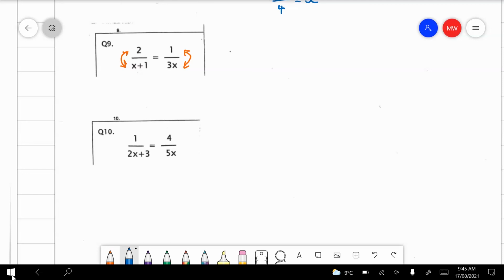So you can end up with x plus 1 over 2 equaling 3x over 1. And then it's very similar to the earlier questions. We'll just double top and bottom here to give it a common denominator. And we'll end up with x plus 1 equaling 6x.